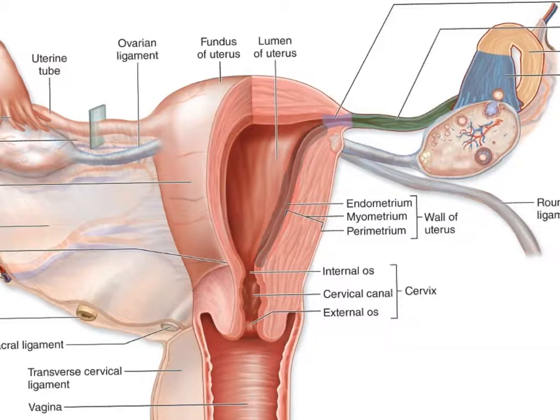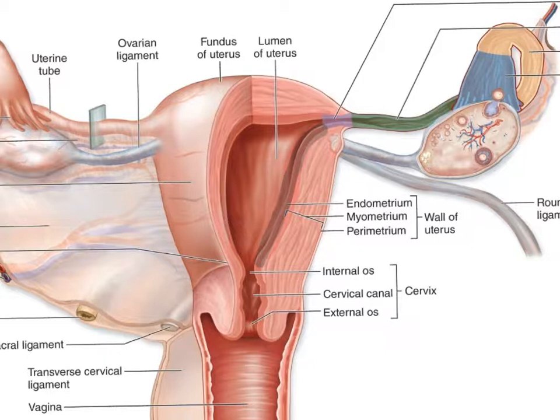Myometrium is muscle. So it's the muscle layer of the uterus, and it's significant, let's put it that way. And this is responsible for stimulation by hormones during childbirth. And so they'll have rhythmic contractions, which will, during childbirth, expel the fetus out of the body.